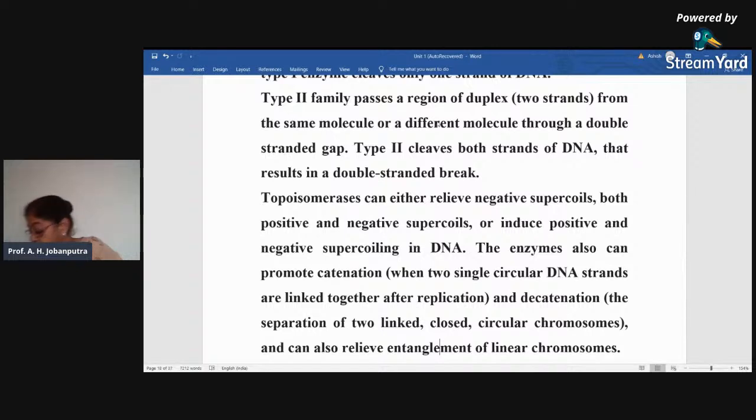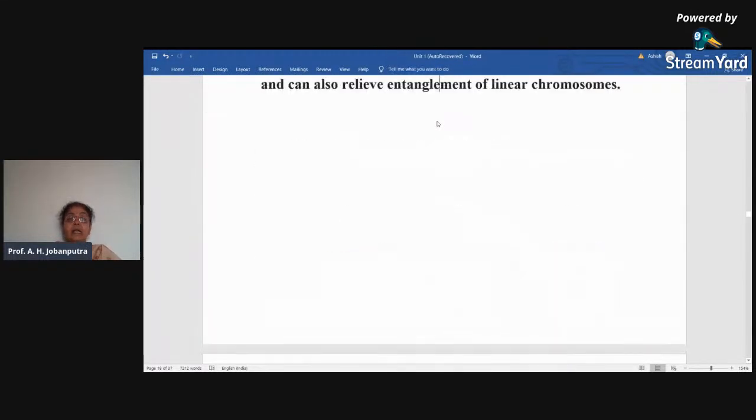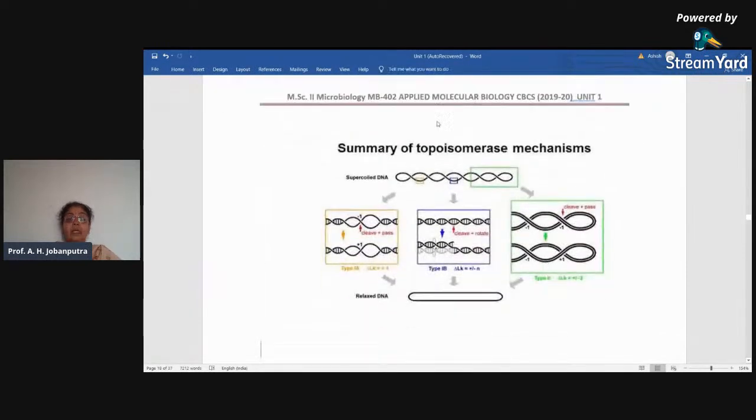That is, after replication the DNAs get wound up with each other. Promoting that catenation is also something topoisomerases can do. And if the two strands are linked to each other in a circular form or covalently closed circular form, then in order to open that covalently closed circular form, even then these enzymes can play their role. That is, they relieve the entangling.